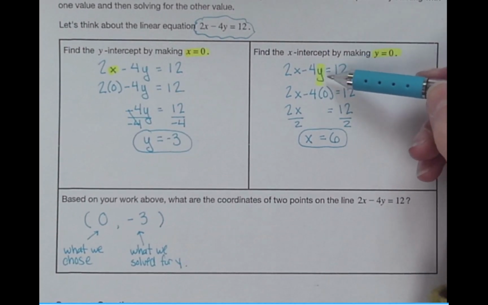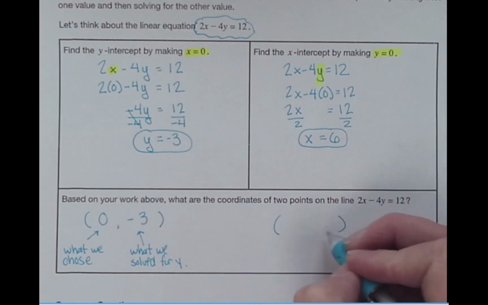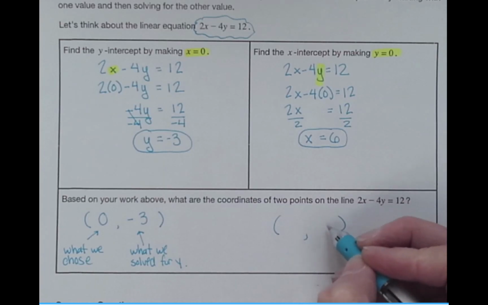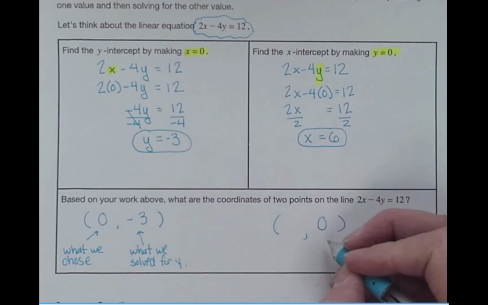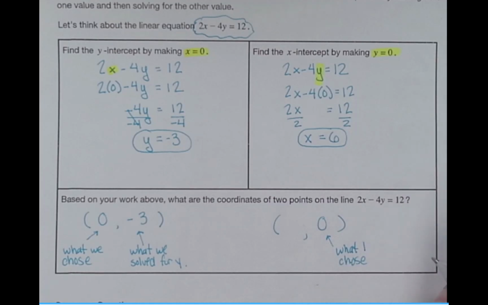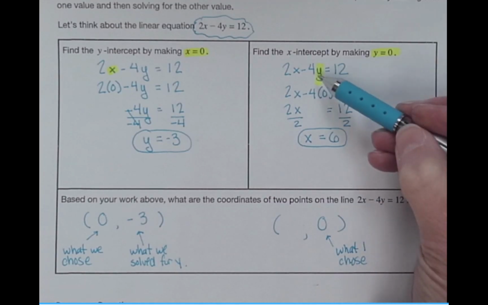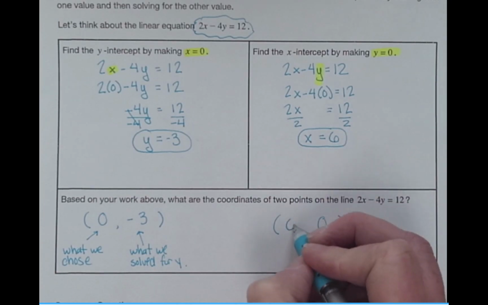Well, let's remember that this time I chose a y value. I chose to make y equal to 0. So as a coordinate, this is where y would be. I wanted y to be 0 this time. That's what I chose. And when I chose that and solved for x, this is what I got for x.